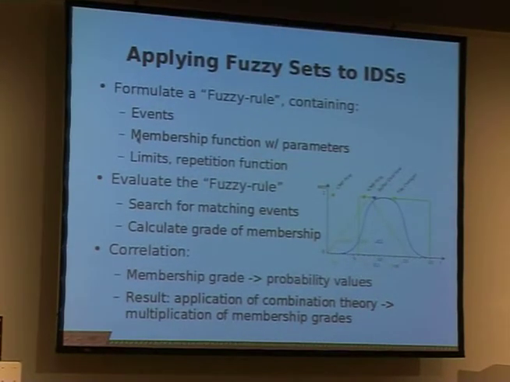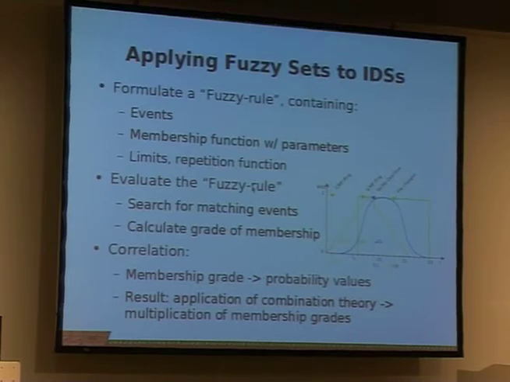Each event gets a so-called membership function assigned, with also the parameters which can modify the shape of the function, and also limits and a so-called repetition function. The repetition function is responsible for catching multiple events when multiple events match the rule, and you are only interested in the first or in the last event or some kind of average value. The second step is to evaluate the fuzzy rule.